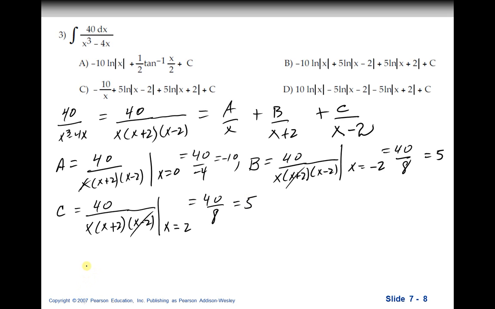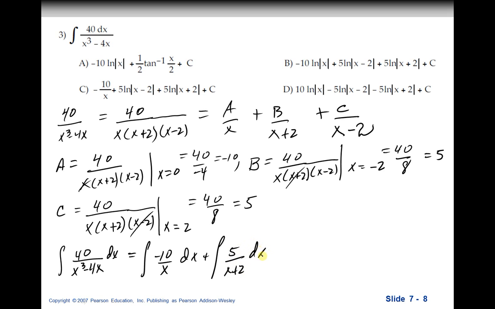So the integral of 40 over (x cubed minus 4x) dx equals the integral of minus 10 over x dx plus the integral of 5 over (x + 2) dx plus the integral of 5 over (x - 2) dx.